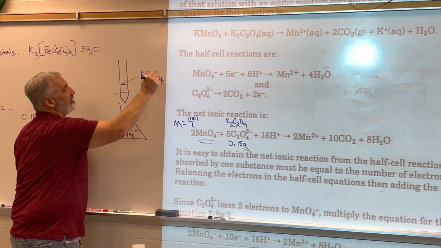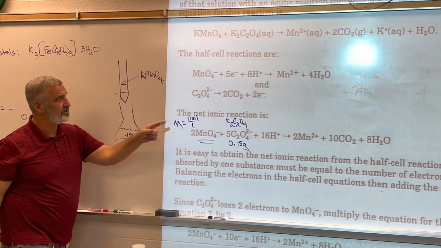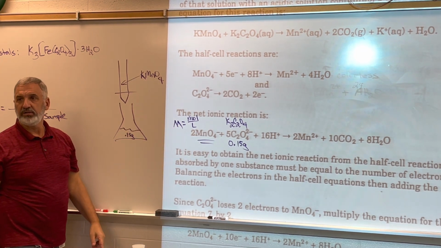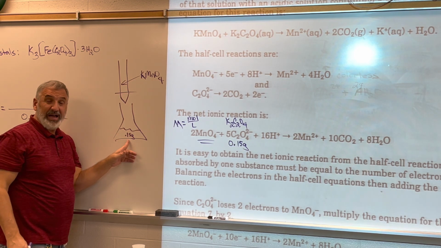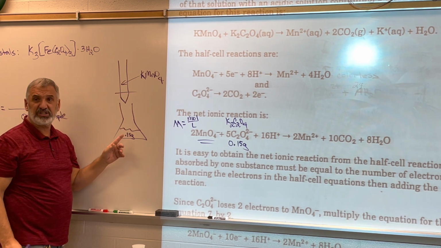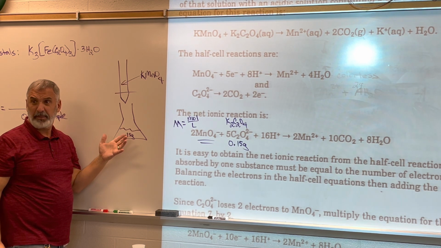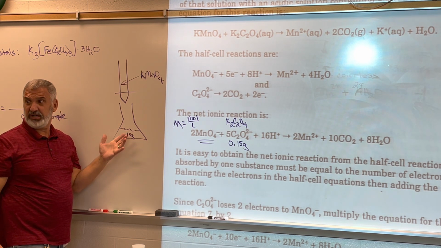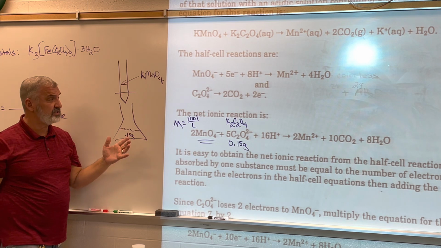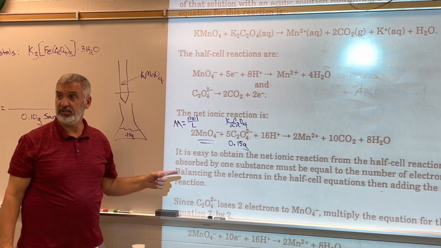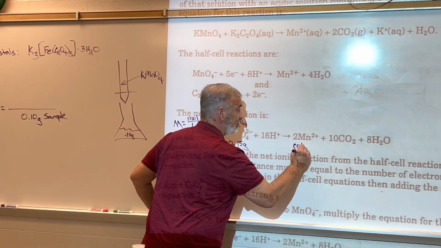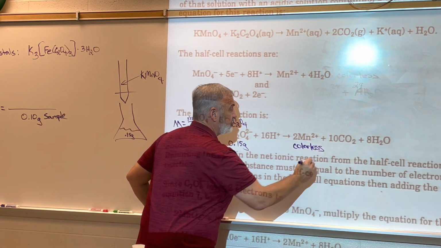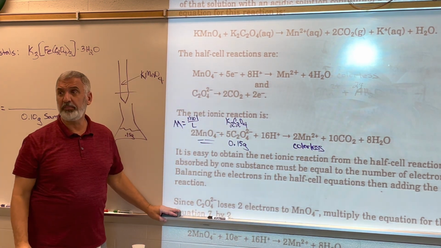Now again, I'm leaving off the K because it's a spectator ion, so I'm just MnO4. So if I know grams, as soon as one drop, what's the color change going to be? What was it? Turned purple or pink, right? Because what did that imply? Why? This is purple. This is colorless. Why did it go purple?